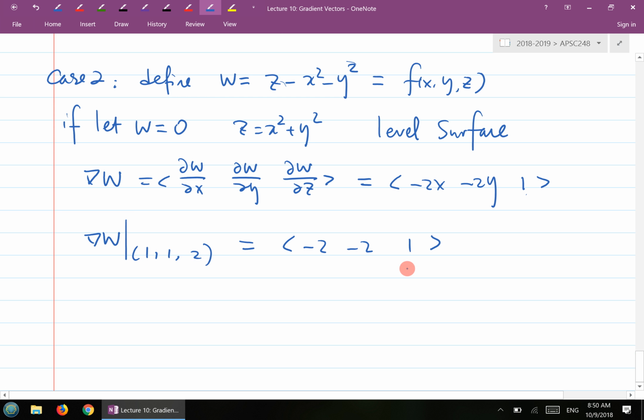So how do I sketch this gradient vector then, right? Remember this gradient vector comes from the calculation based on the level surface z equal to x squared plus y squared.